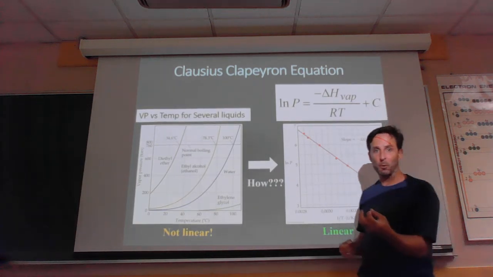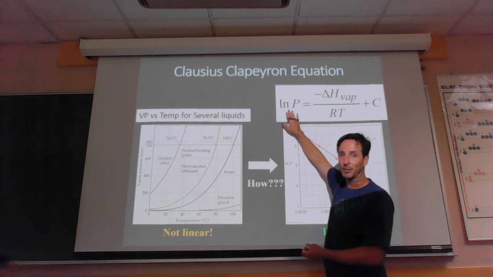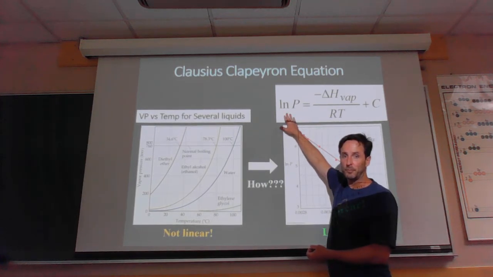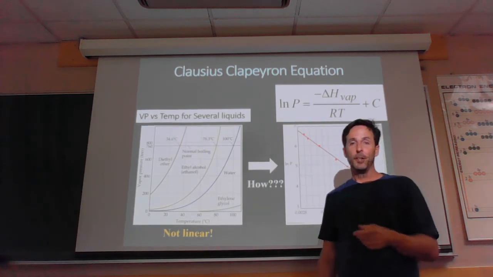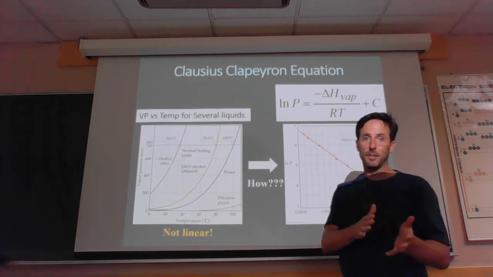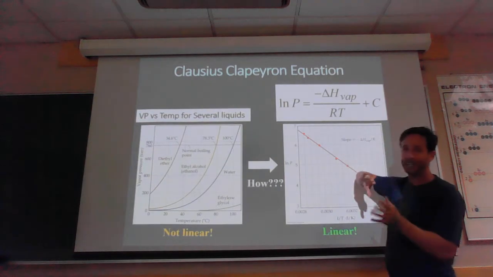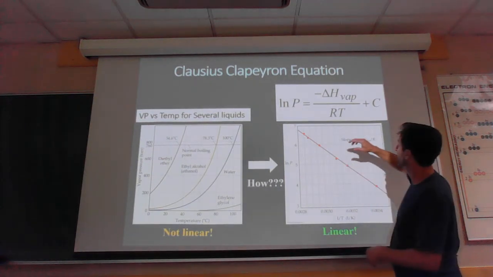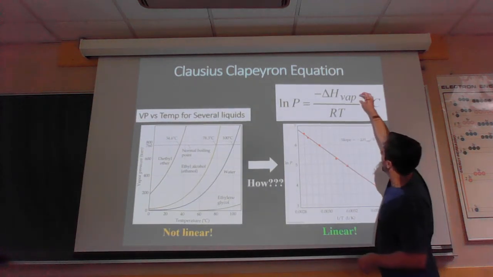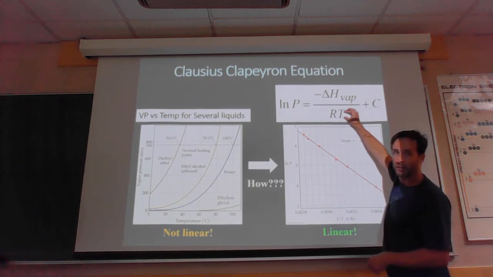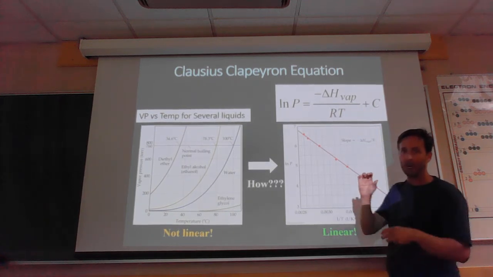So the y variable in their graph is the natural log of the pressure. The temperature, they converted into Kelvin, and then they inverted it. So the x variable is actually 1 over the temperature. 1 over T is my x variable.